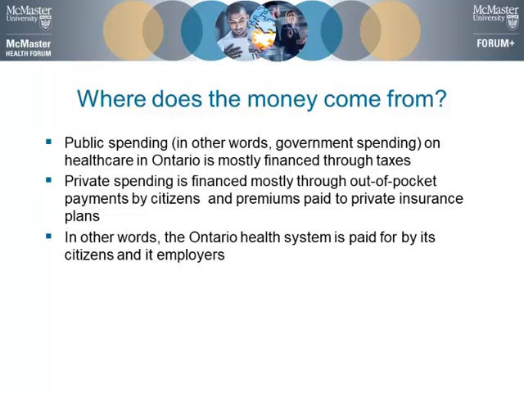In other words, the Ontario health system is paid for by its citizens and its employers. While healthcare in Ontario is often considered free, it is more accurate to refer to it as free at point of service, because Ontarians pay for healthcare either through their taxes or through private channels such as employer-sponsored insurance premiums.